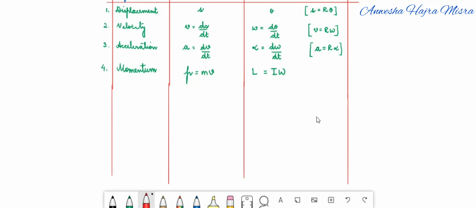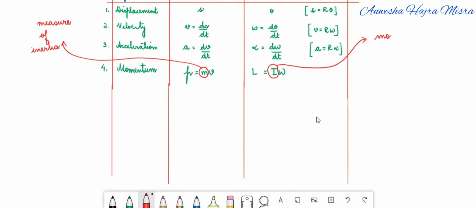Mind you, children, in this mass is actually a measure of inertia, and hence in analogy this I is called moment of inertia, which was summation of all the mi ri square, I equal to from particle 1 to particle n.